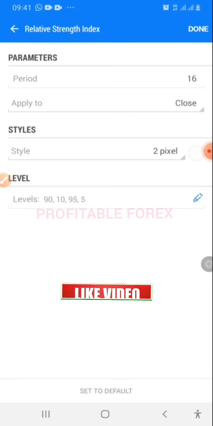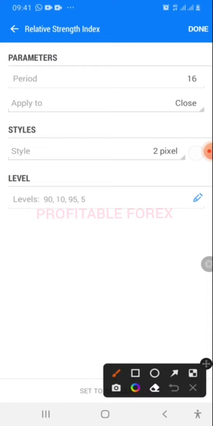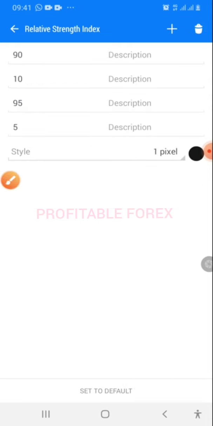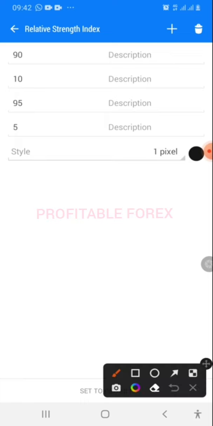We have period 16, apply to close, style to bezel, and the levels: level 90, 10, 95, and 5. Click on the pencil symbol here to edit your levels. If there is no space for you to add your levels, you have to delete first.